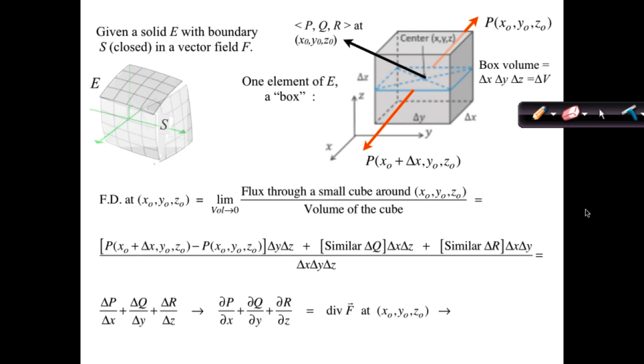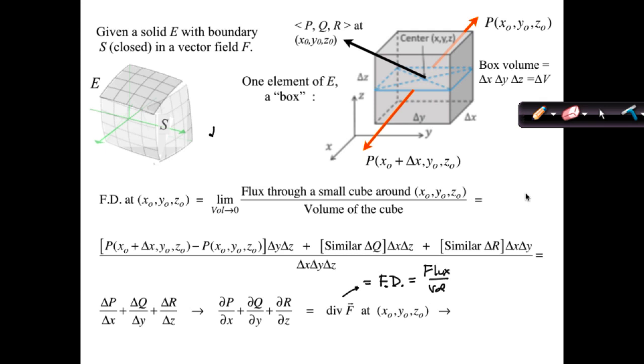Okay, so now if the divergence of F equals flux density, which is flux over volume, then what would flux equal? Essentially, flux would be flux density times volume.